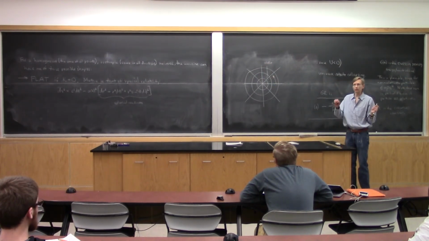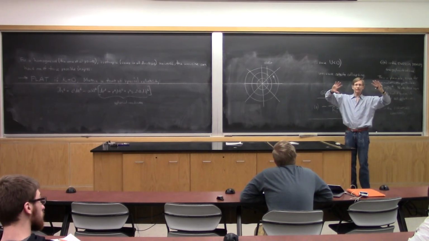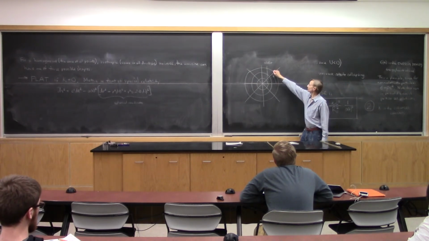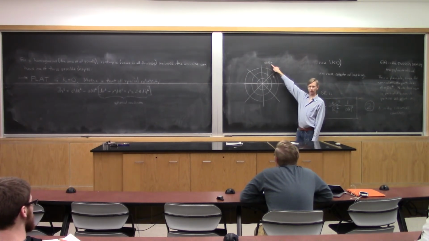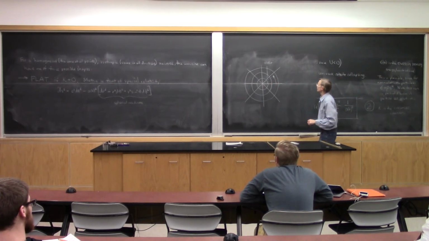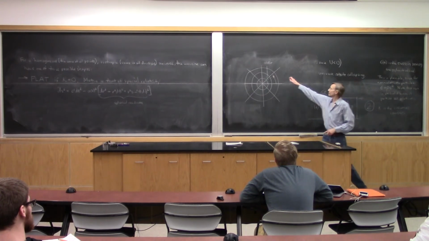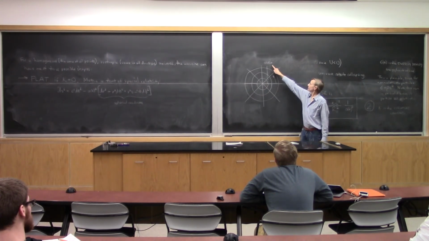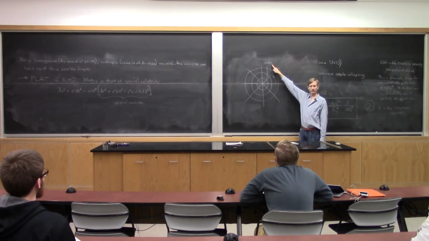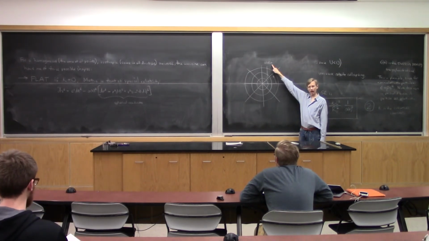In other words, normally in polar coordinates we just say r is distance from the origin, but we have an expanding rubber sheet. So we say the distance from the origin is A of t times r, because the sheet is expanding, and so we need to account for that. So when the scale factor is equal to 1, this co-moving coordinate is the actual distance from the origin. But at any other time, it's more or less than that.